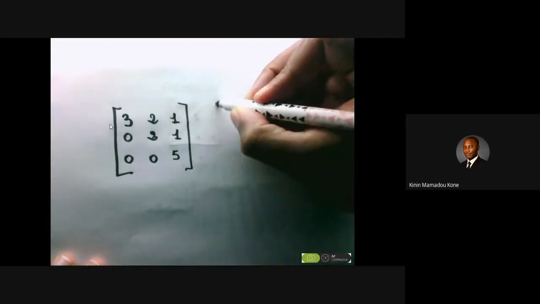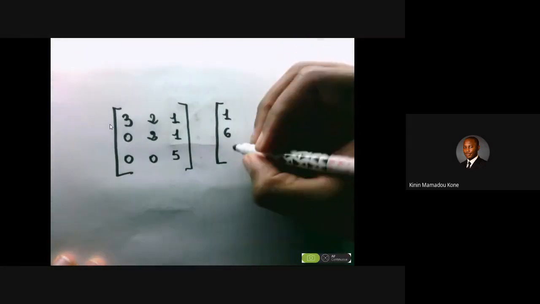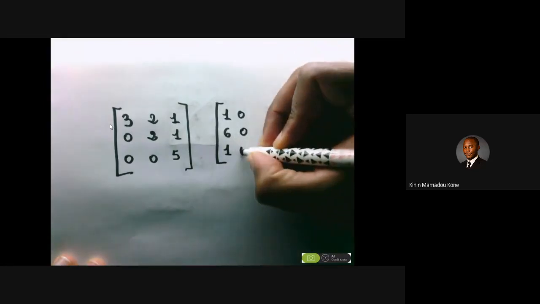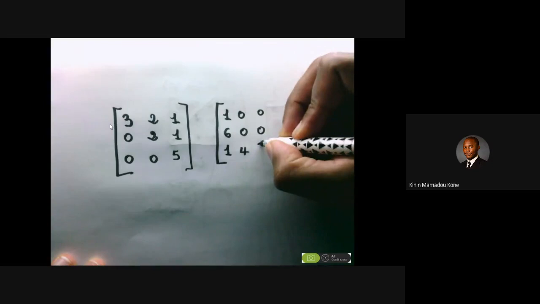And you have another 3 by 3 matrix like this one: 1, 6, 1, 0, 0, 4, and 0, 0, 3.